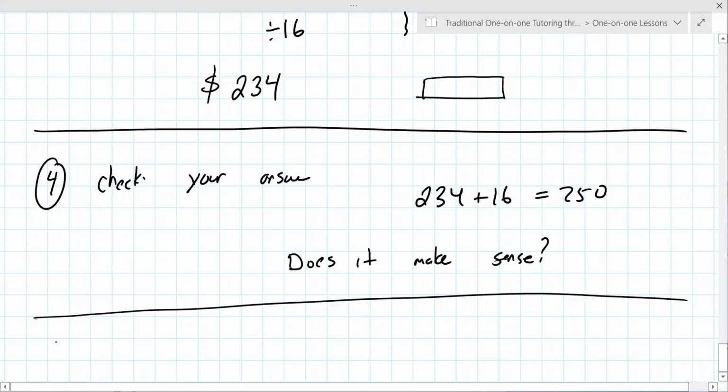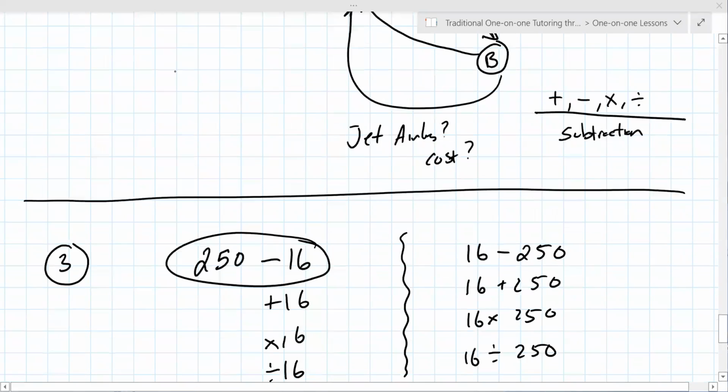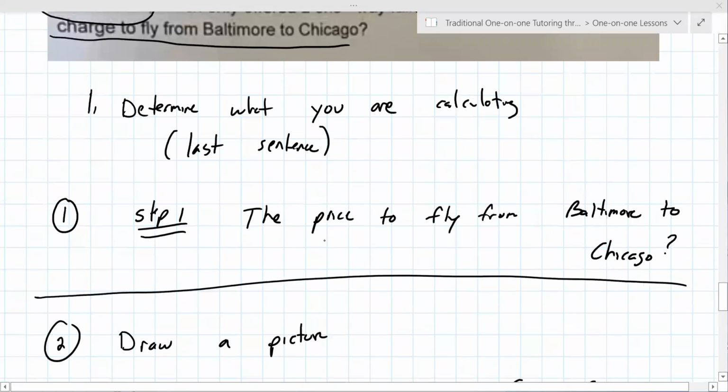Step 5, and I think this is actually the most important step, is to write your answer in a sentence. Okay. So this is where you've really got to go back to the original problem and remember what we put in part 1, which is you would say the price to fly from Baltimore to Chicago is, and you give that answer.